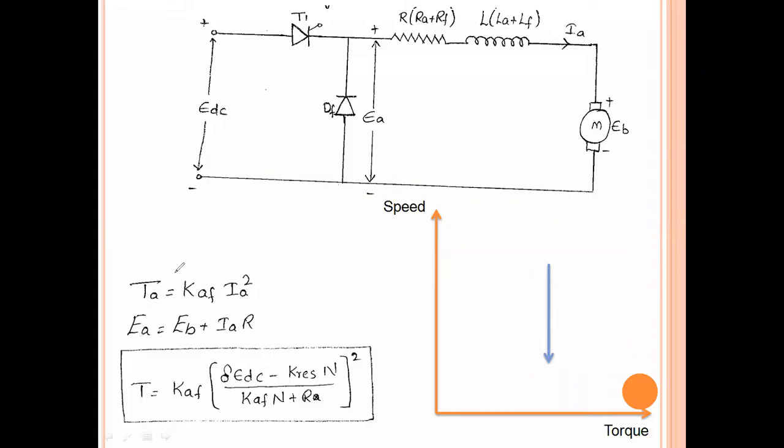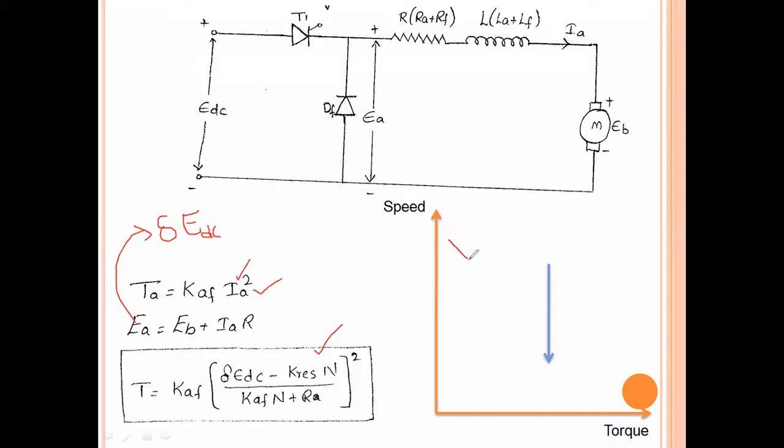And EA is the average equation, which is delta into EDC, which we have seen just now, because the circuit is the same. For the DC series motor the torque expression is like this. Now substitute EB and IA from this expression in terms of torque and simplify. You will get the torque speed relationship, with T in terms of speed, like this.